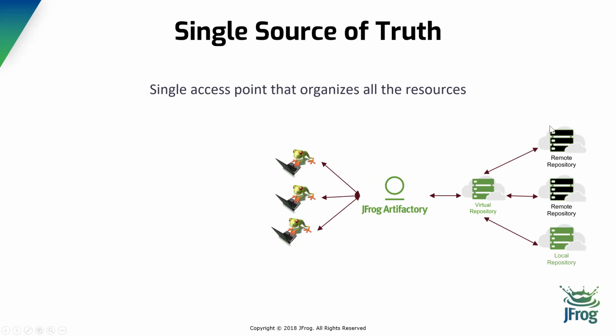By that, you'll be able to pull dependencies and push your own artifacts using the same URL of your virtual repository. So your developers, or your CI or your TFS, will only need to know the URL of this virtual repository, and behind the scenes, you will be able to manage the different endpoints. So this is what you can get from Artifactory.